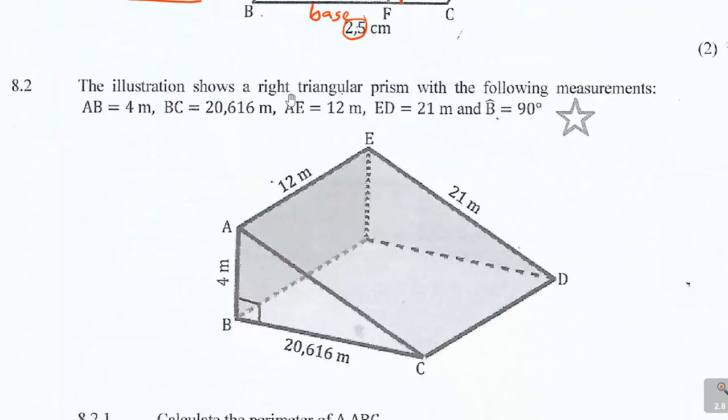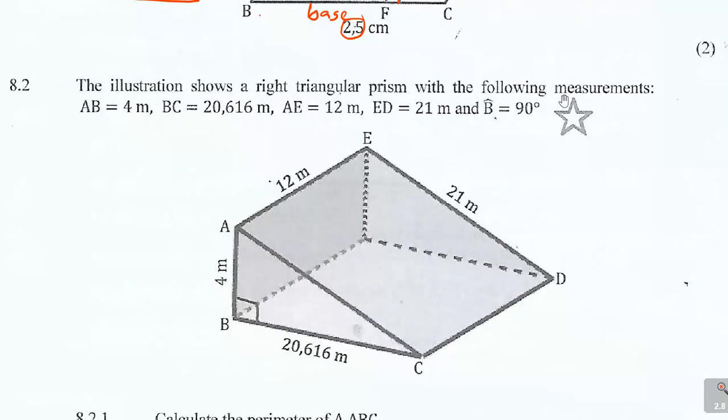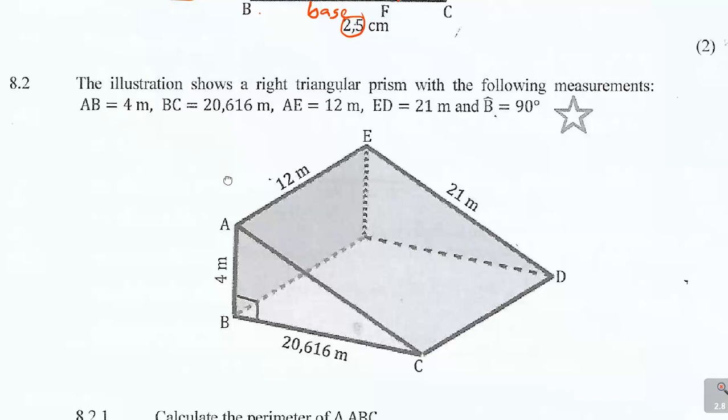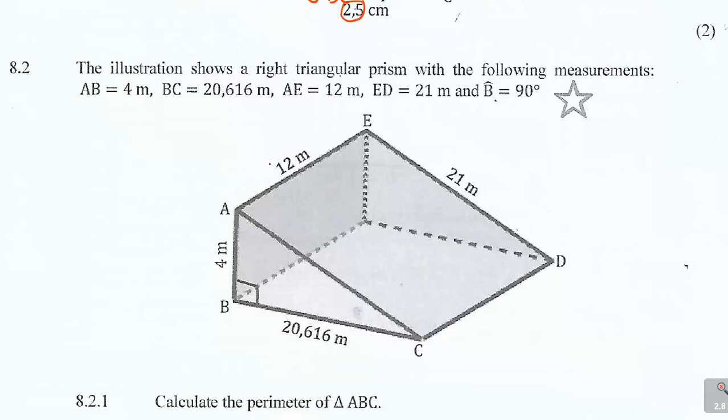Alright, 8.2 says the illustration shows a right triangular prism with the following measurements. AB is 4, so there is that part. BC is 20.616. AE is 12 and ED is 21, and that angle B is 90 degrees.